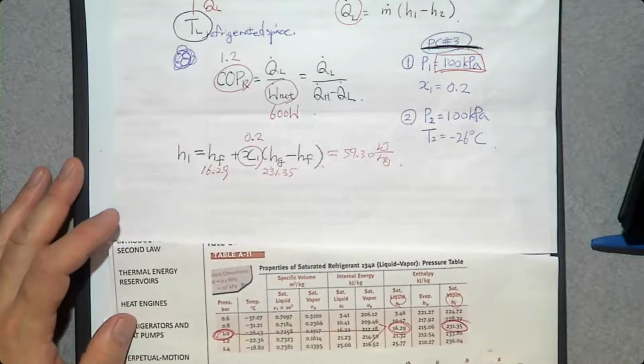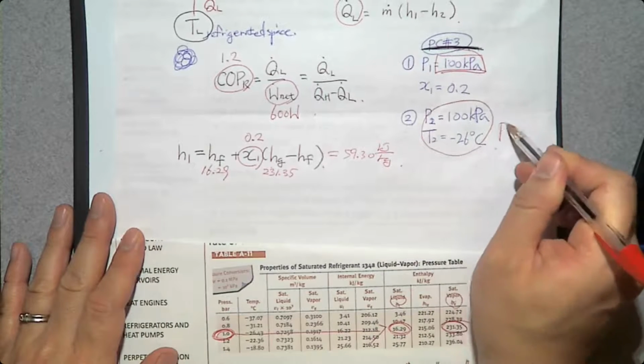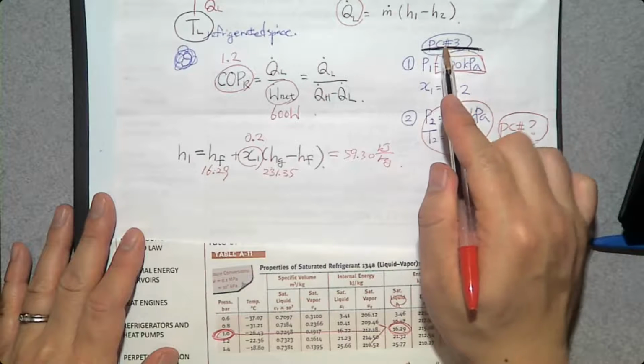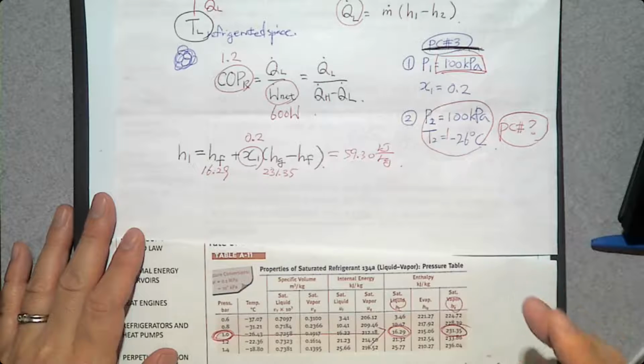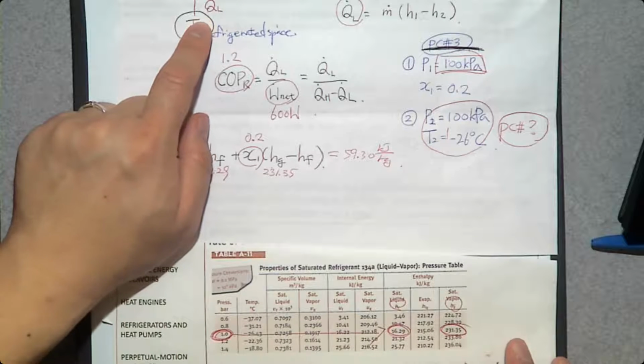Now, H2, how can we find H2? We cannot find H2 directly because we do not know the phase change process. Is it number 3 anymore? No, not anymore, because there's a heat transfer. It absorbs heat from the refrigerated space.